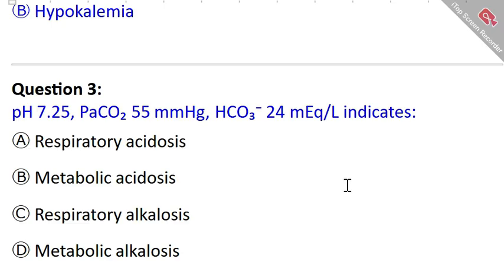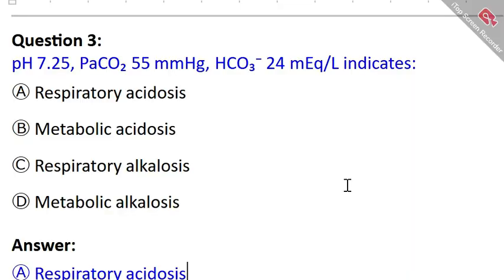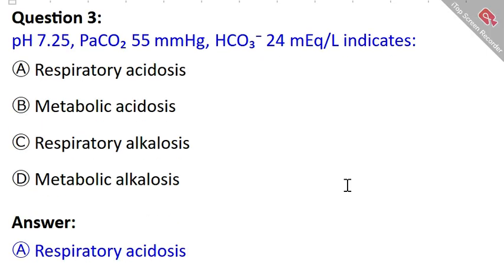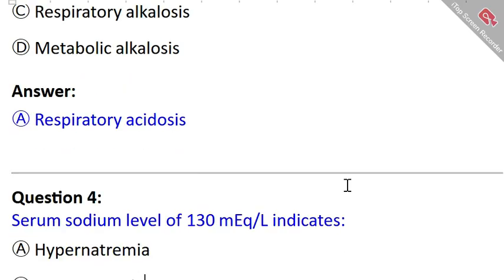In this scenario, the correct answer is option A, respiratory acidosis. When the pH is 7.2, PCO2 is 55 millimeters of mercury and bicarb is 22, it indicates respiratory acidosis. Let's move to question number 4.